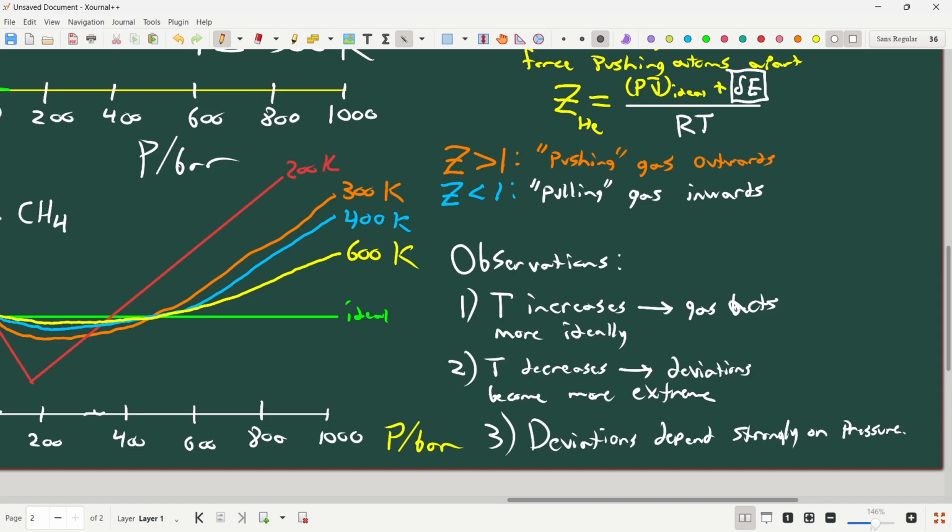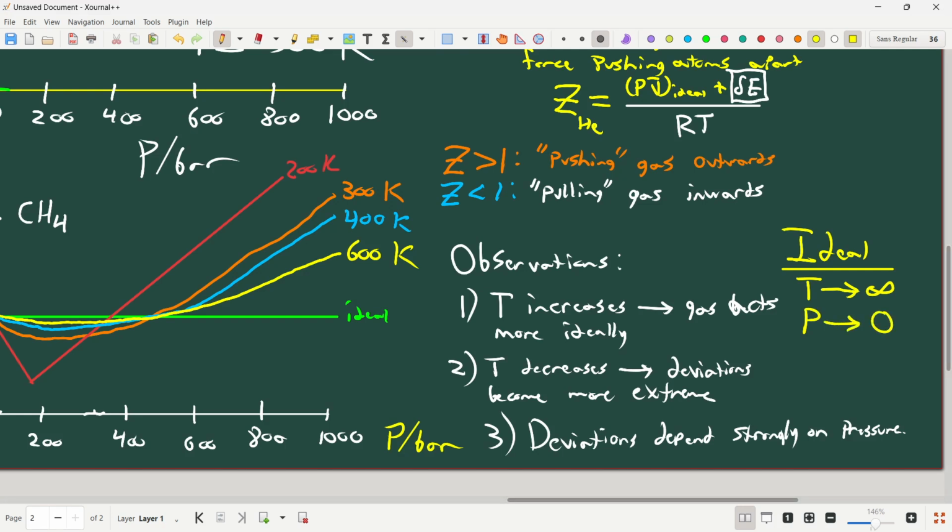All right, so actually we can generate what we call a limiting law from this. We can put all of these together. When we say something is ideal, we're talking about the properties of a material at the limit as T goes to infinity and pressure goes to 0.